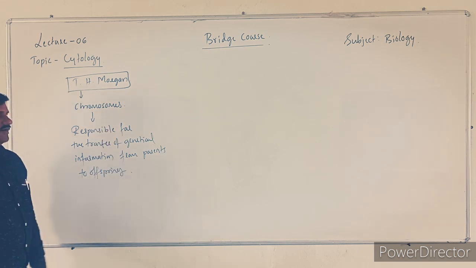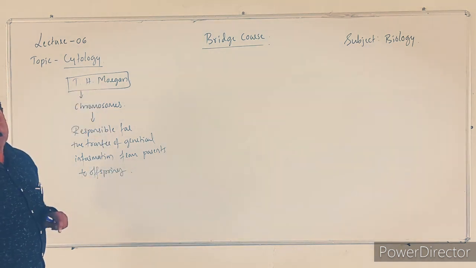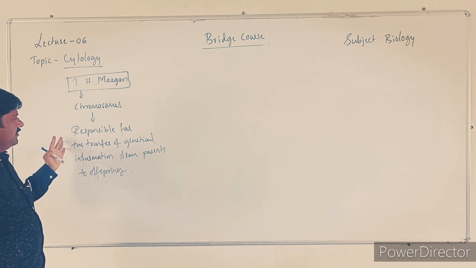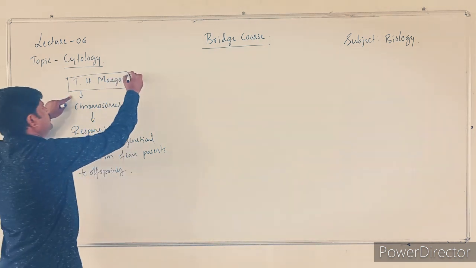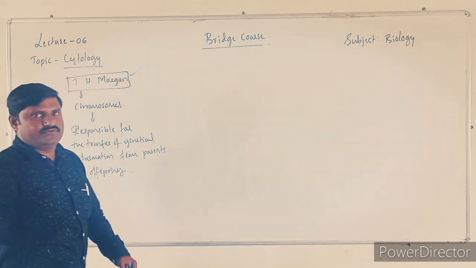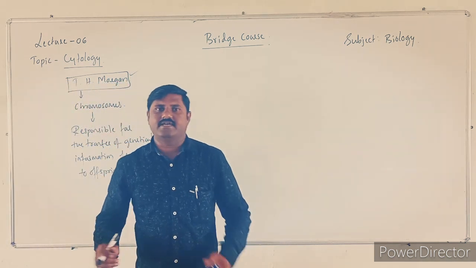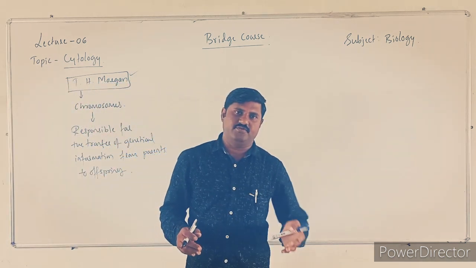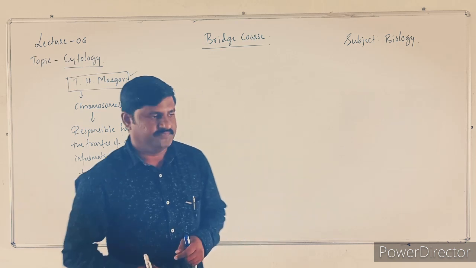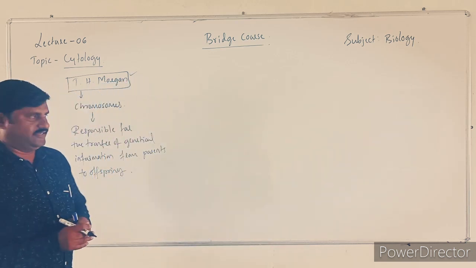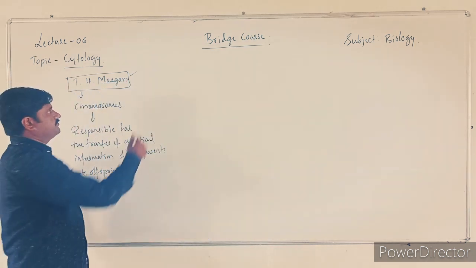This was observed by T.H. Morgan, right? So he was able to explain how these characteristic features are transferred from one generation to another generation by his experiments.